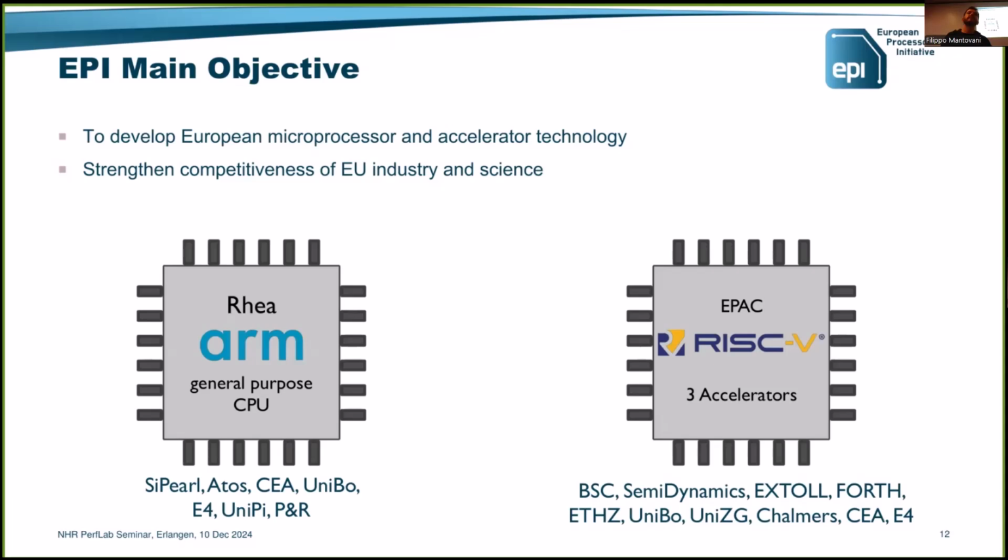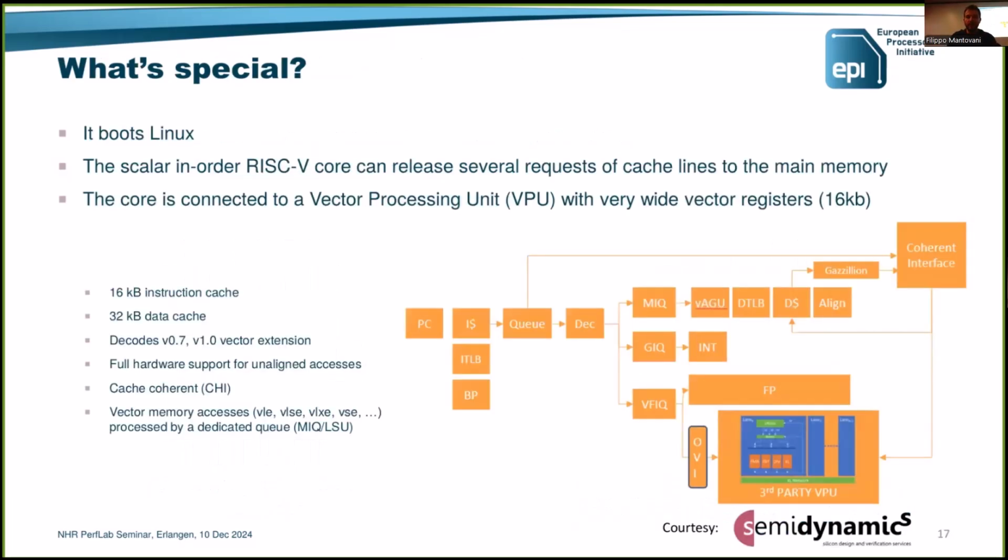A follow-up question from what Dominic asked: I didn't see it, but did you mention the cache line size? Yes, because this guy is working at cache lines. So how many cache lines are required to fetch the 16 KB vector registers? 64 bytes, one cache line. 64 bytes per cache line, right?